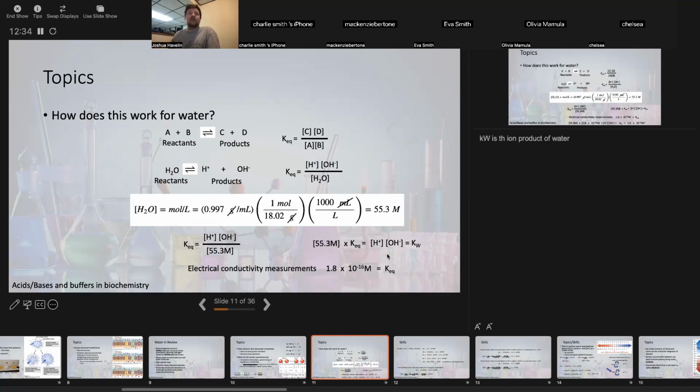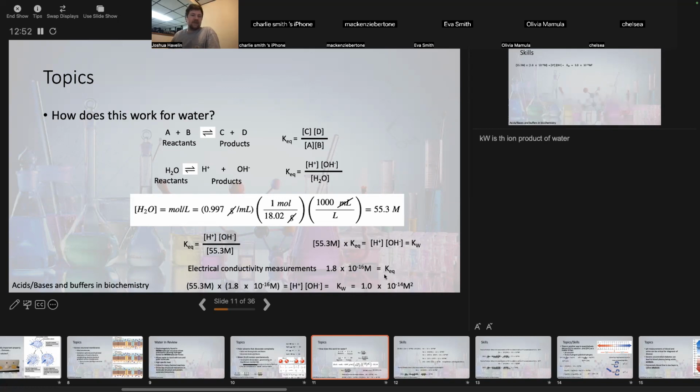So if we plug in all of our information, 55 times our value here, and rearrange our formula, we essentially arrive at Kw equals 1 times 10 to the negative 14th moles per liter squared.